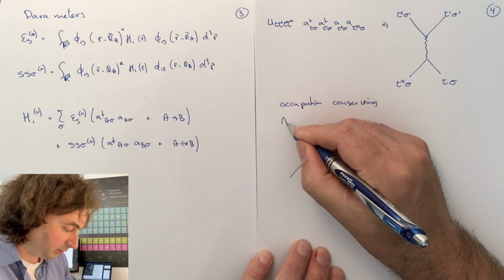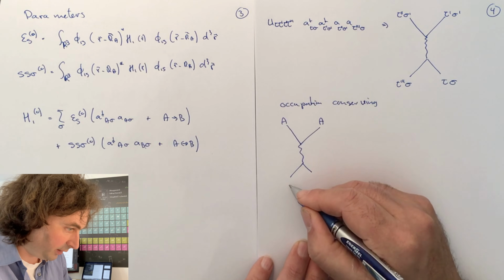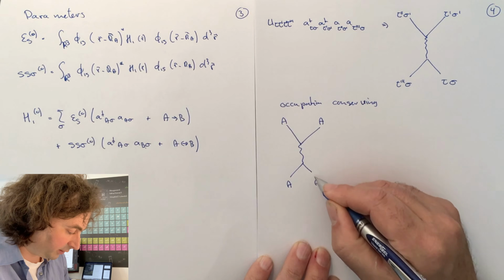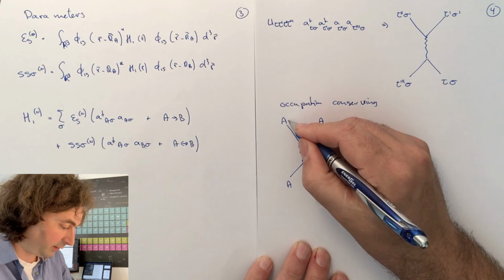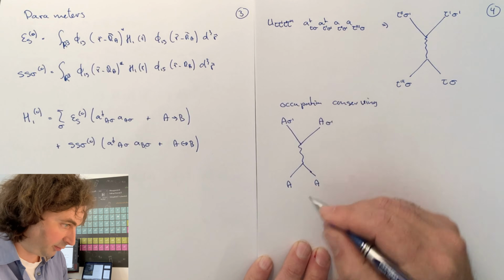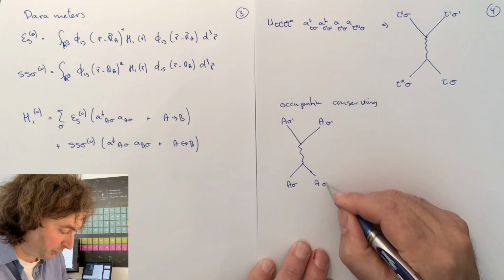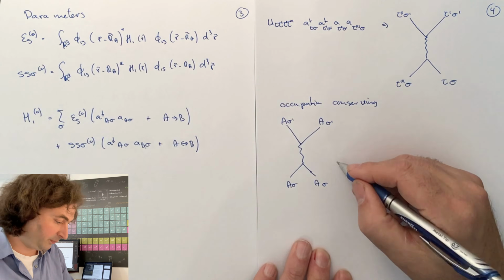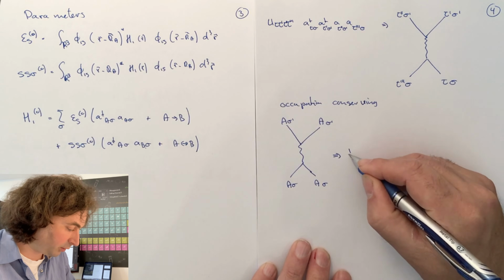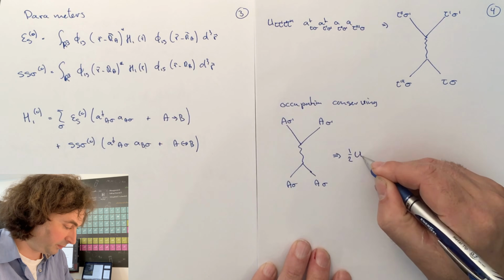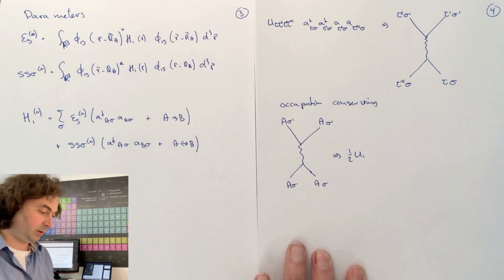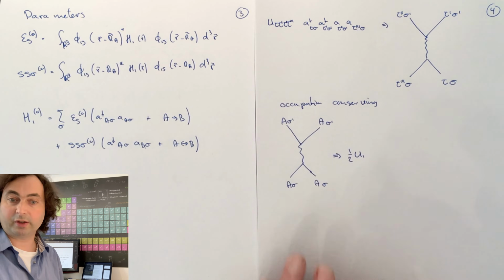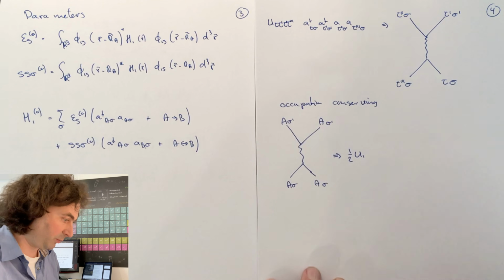And we can scatter from side A to side A, where another electron scatters from side A to side A. And we have the spin, but the spin will always be sigma prime on top and sigma on the bottom. This integral we will call a half U1. So that is the Coulomb interaction that you have when two electrons sit at the same site.